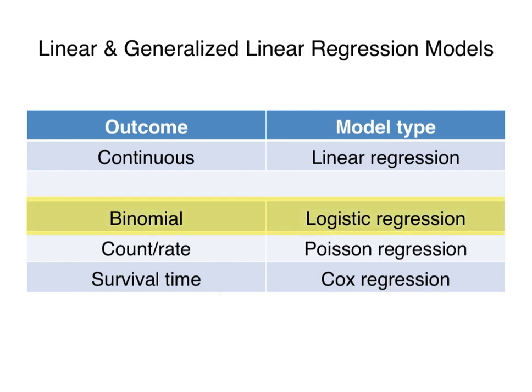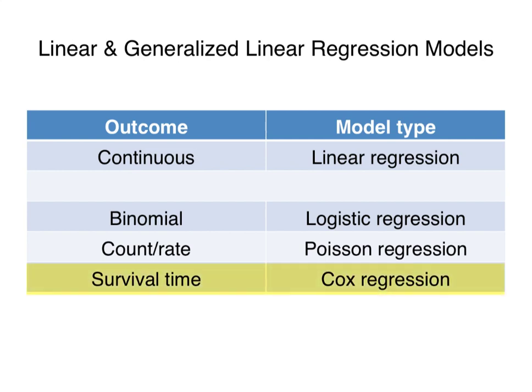Logistic regression is used when the outcome variable of interest is categorical and binary. For example, does one have the disease? Yes versus no. Poisson regression is used when the outcome variable of interest is a count or rate at which events occur. So for example, the rate at which people contract a disease. Often, Poisson regression is used when working with aggregated data.